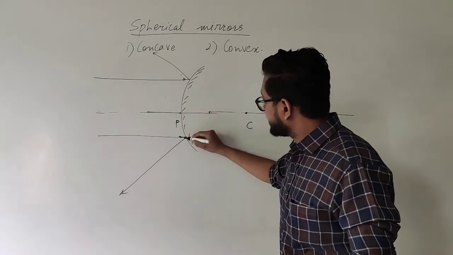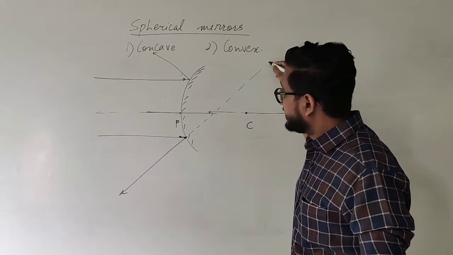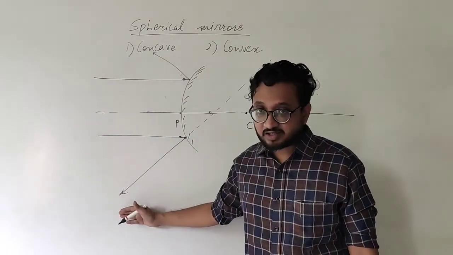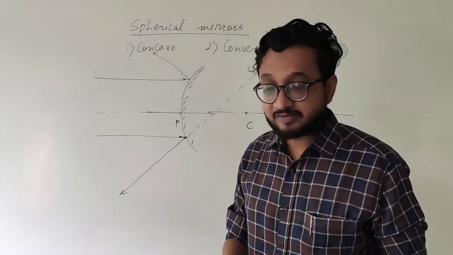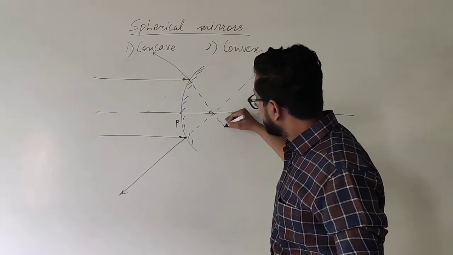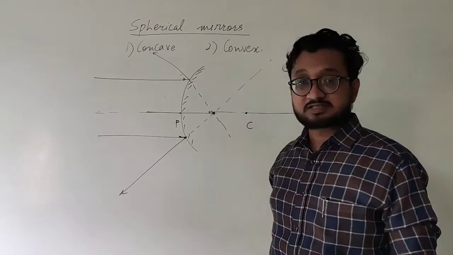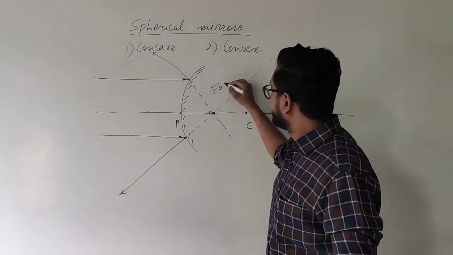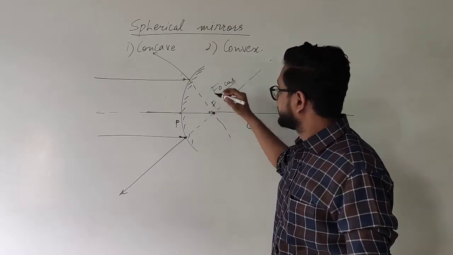But if we imagine a line and we extend the reflected rays inside the mirror, then these two lines once again will seem to meet at a single point. This point once again is a point of focus. Okay?